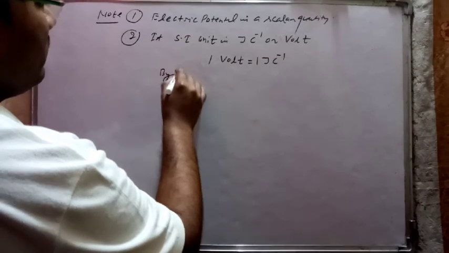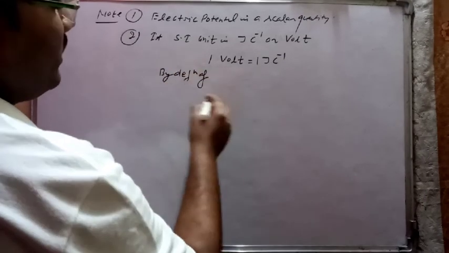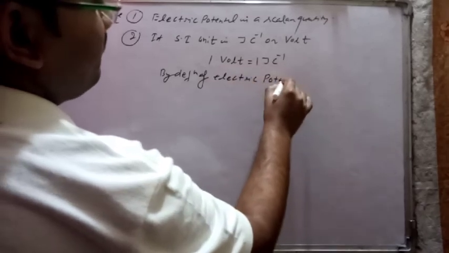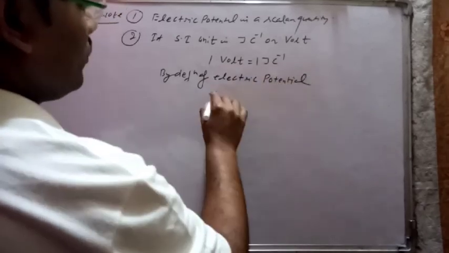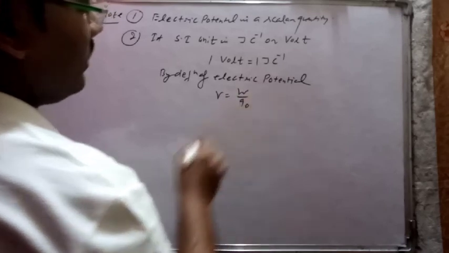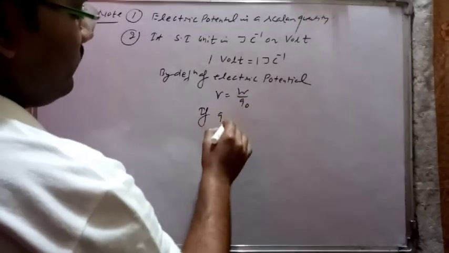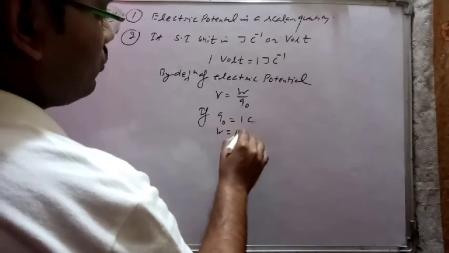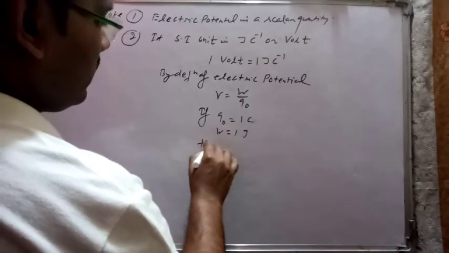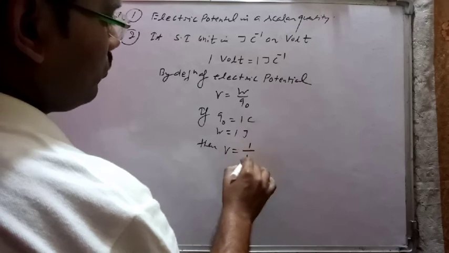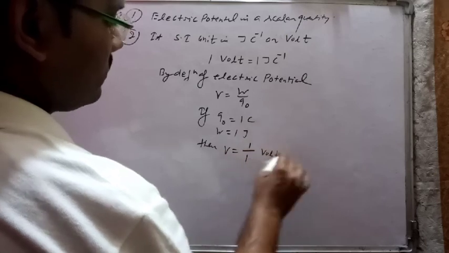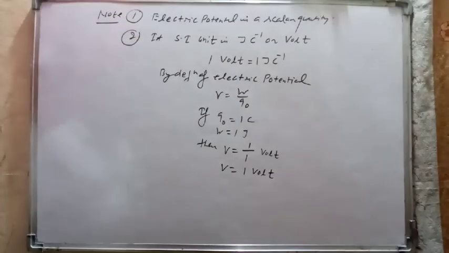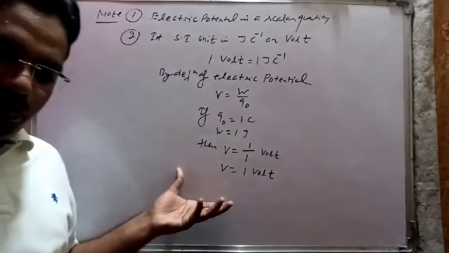By definition of electric potential, V is equal to W by Q naught. If Q naught is equal to 1 coulomb and W is equal to 1 joule, then V is equal to 1 by 1 volt, V is equal to 1 volt. Now here is the definition of 1 volt.